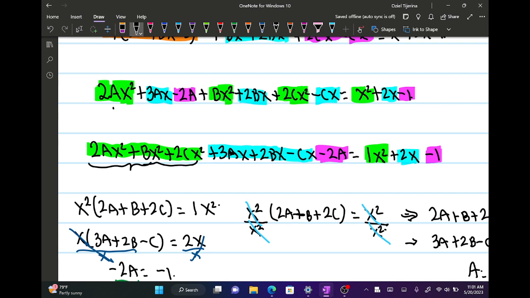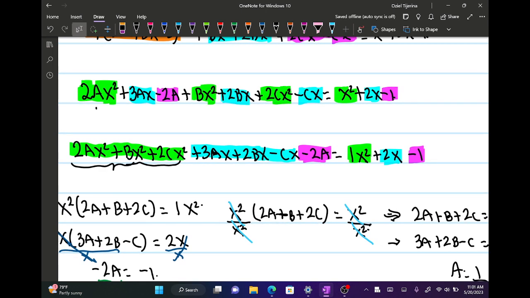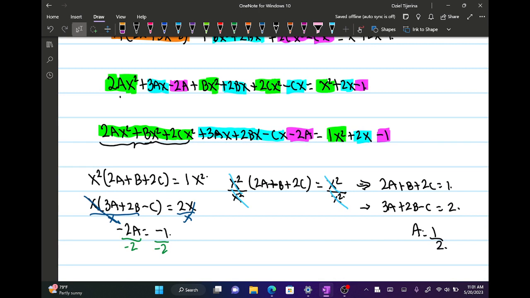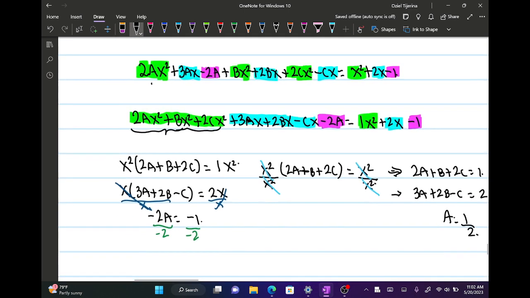So 2ax squared plus bx squared plus 2cx squared, plus 3ax plus 2bx minus cx minus 2a equals 1x squared plus 2x minus 1. This part we really need to pay attention to and be careful, because this is where you have to make it equal to the coefficients of x squared, x, as well as the constant.